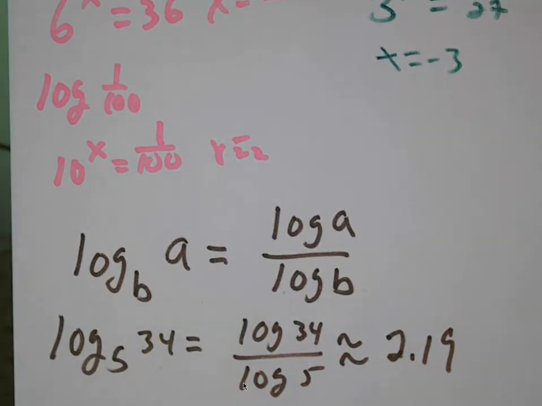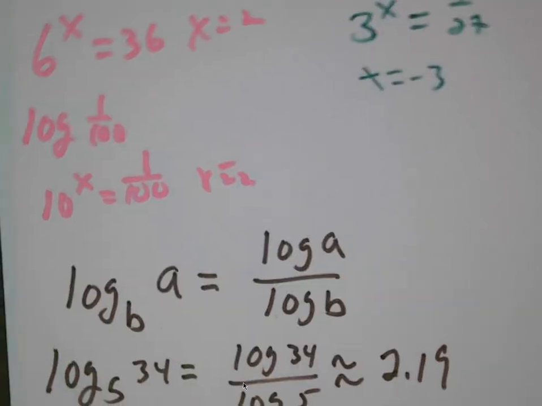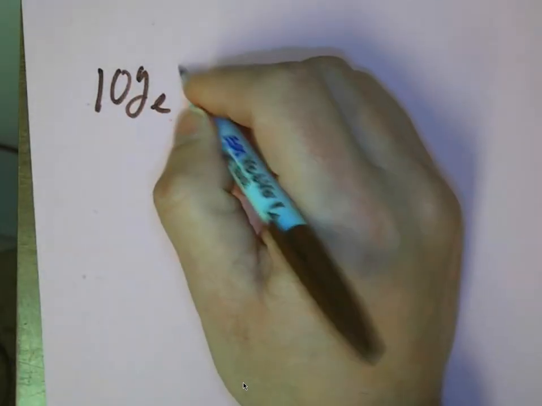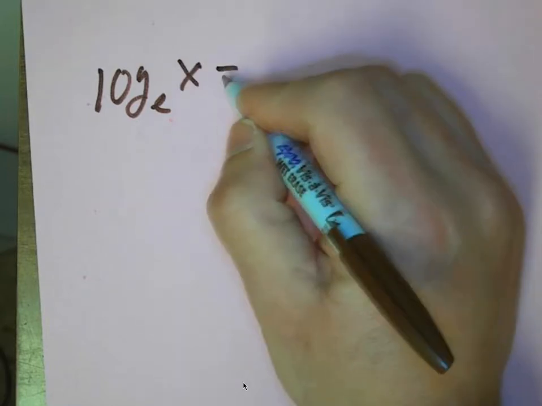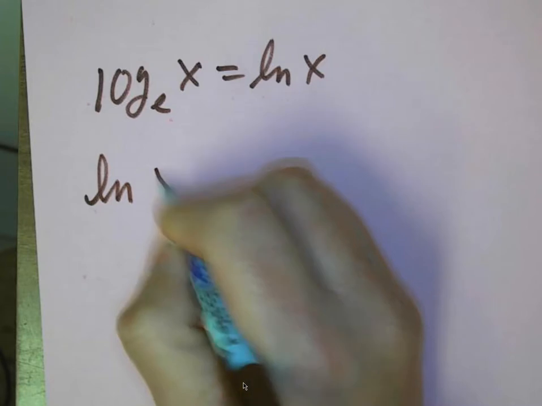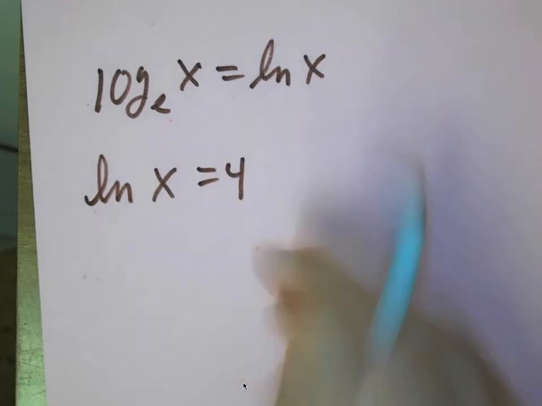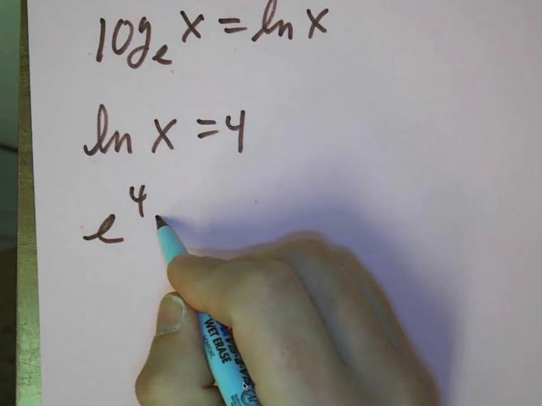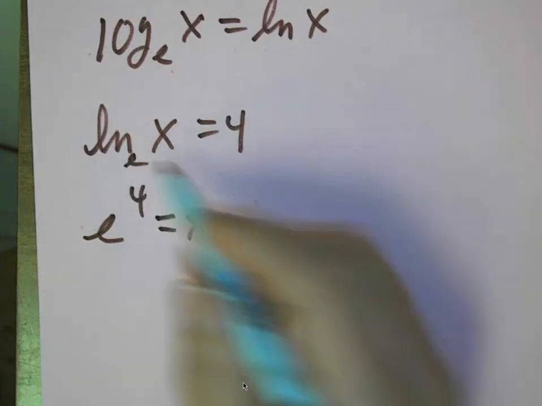And it's the same thing with the natural log that we talked about earlier. When you talk about the natural log, again, that's a log base e of x. We don't write that. We write it as the natural log of x. So the natural log of x equals 4 can be written as e to the fourth power is equal to x. Remember, this is a base e.